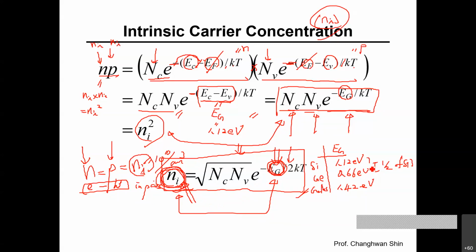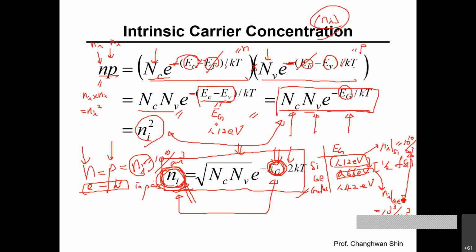So even though the bandgap energy of germanium is approximately 50% of the silicon bandgap energy, the intrinsic carrier concentration of germanium is 10 to the 13 per cubic centimeter. As we have learned here, the N sub I of silicon is 10 to the 10 per cubic centimeter. See the difference?